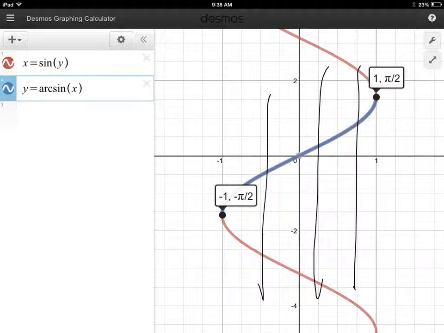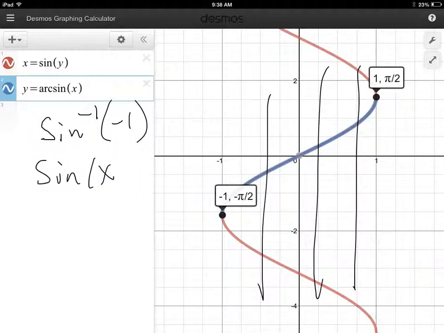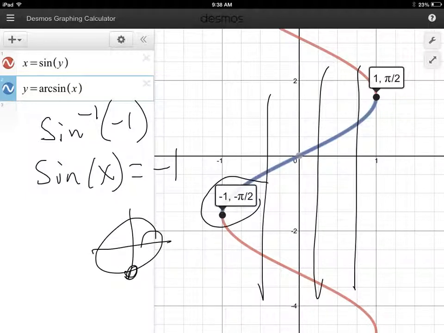And remember, arcsine is asking me, if I ask you, hey, what's the arcsine of -1? What you're really thinking is, what angle has a sine that's -1? And of course, if you think about the unit circle, that's down here, right?